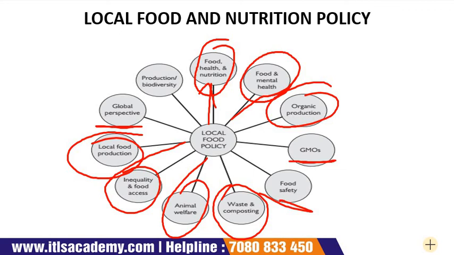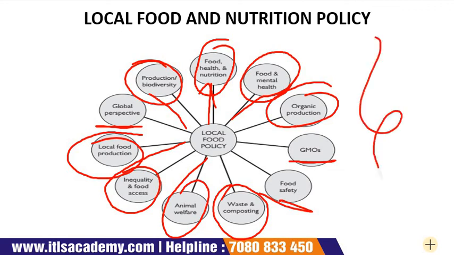Your global perspective is to raise awareness of the effect of the world trade system on small farmers in the developing world. And lastly, local food policy also works on production and biodiversity, in order to encourage methods of food production that protect and enhance biodiversity.